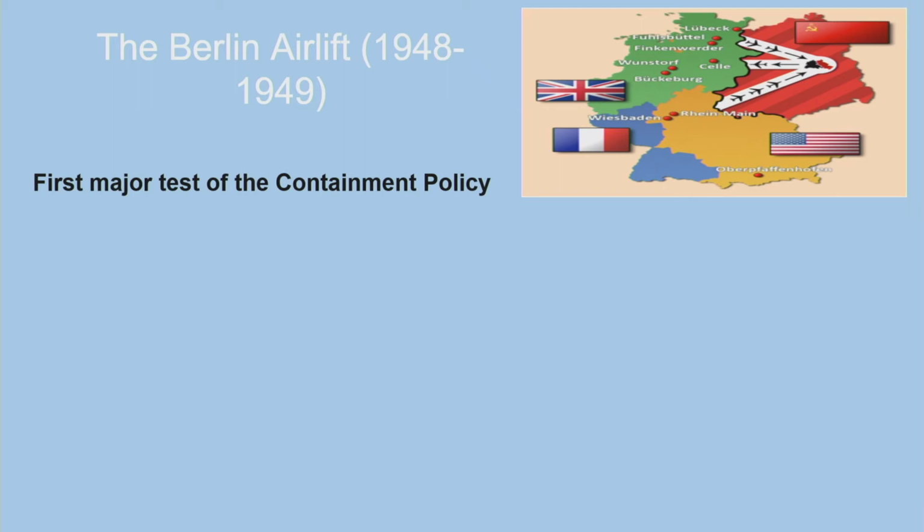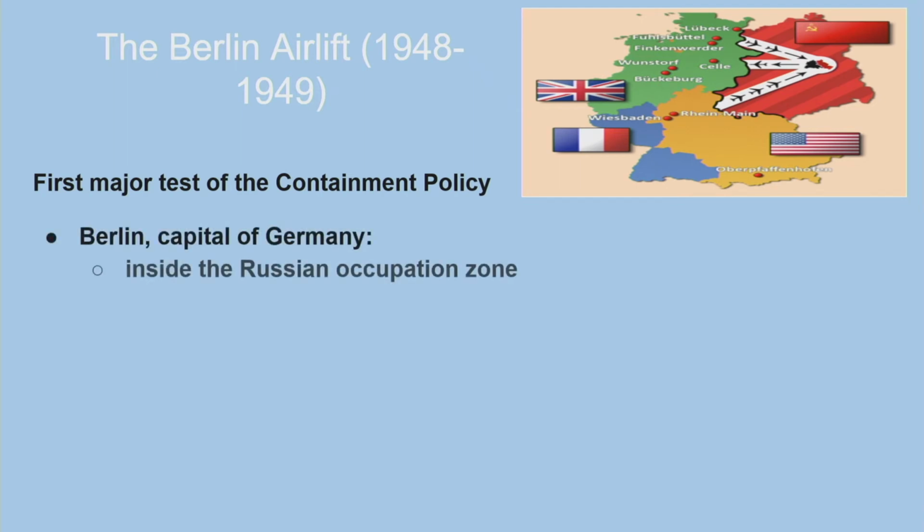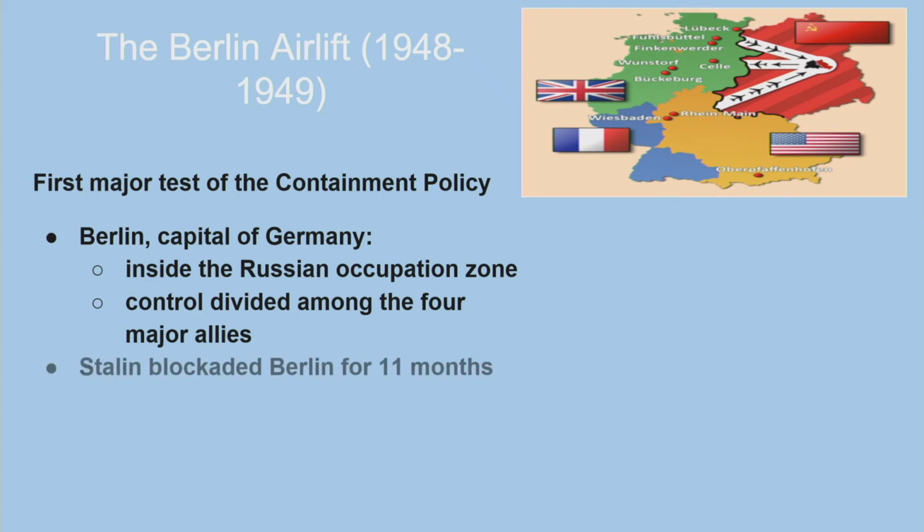Now, the Berlin Wall's not there yet, but the Soviets, and particularly Stalin, see this as a Western gate into Eastern Europe and Eastern Germany, and so in 1948 he decides to blockade all roads and all trains going into Berlin.